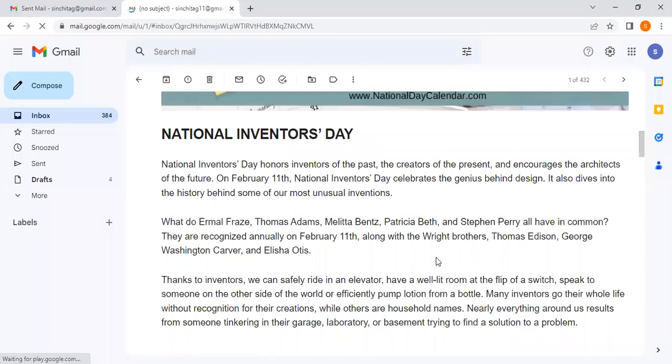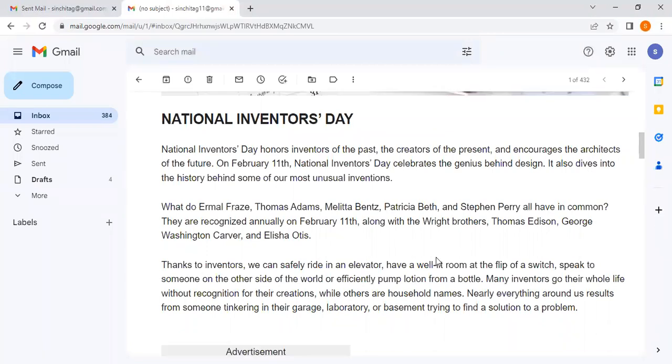Read it. National Inventors Day honors inventors of the past, the creators of the present, and encourages the architects of the future.